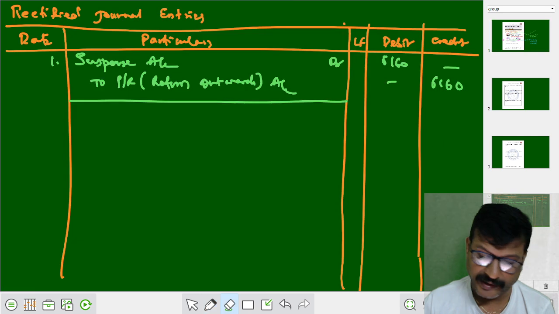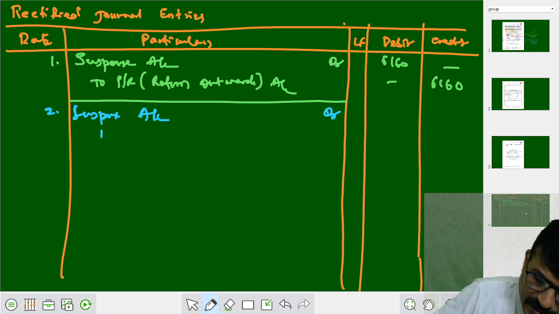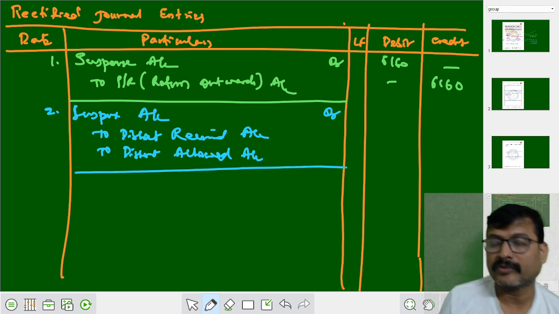So now we have to write the second entry, that is suspense account debit to discount received account, to discount allowed account.